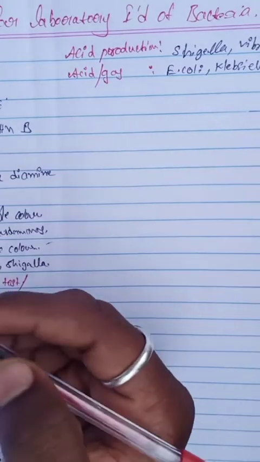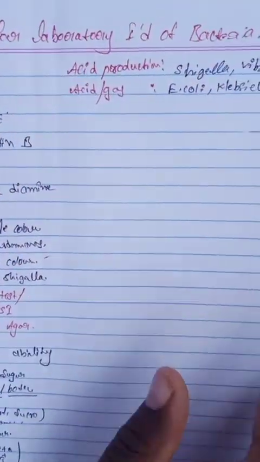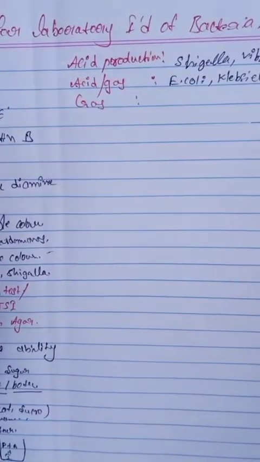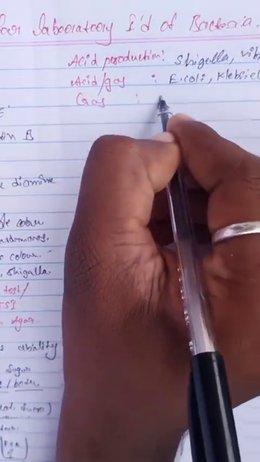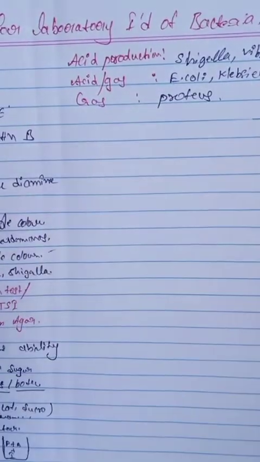And the next one, only gas production, is known in Proteus. Proteus is an example for this particular test.